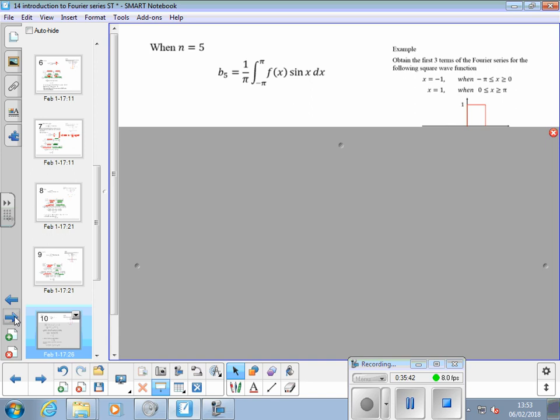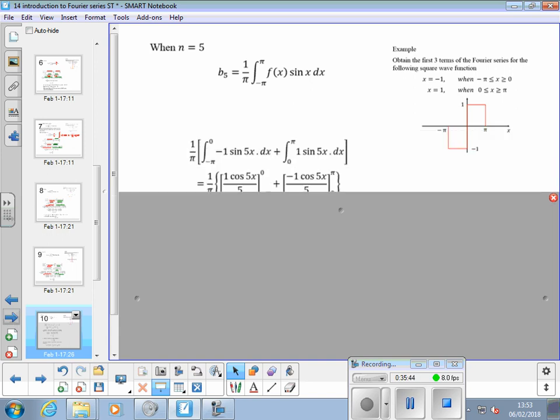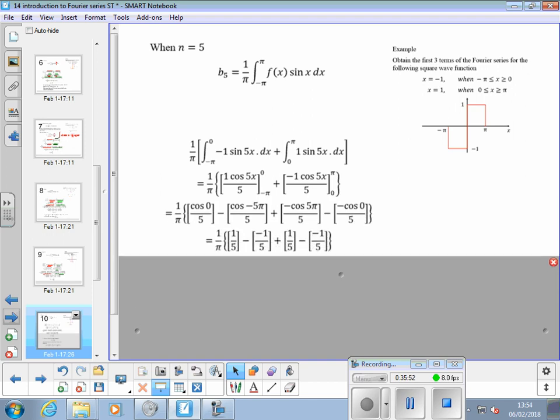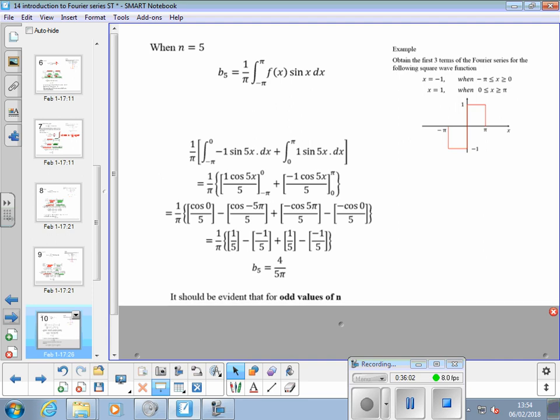So if we consider when n is 5, again that's a matter of replacing the 3's with 5's, like so. So we end up with fifths in there, but the cosines on the top line still evaluate to the same value, and therefore we get this repeating pattern. The fifth is 4/5 pi. The seventh would be 4/7 pi, seventh harmonic. Ninth, 4/9 pi, and so on. Okay?